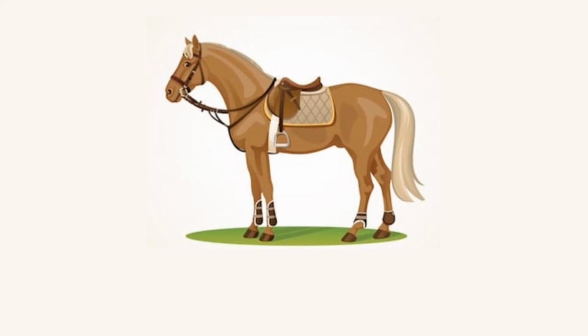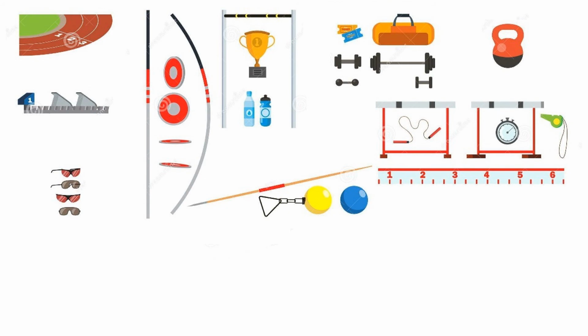Next, here we have an animal. It's a horse. And the sport is horse riding. Okay, here we have some tools used in a number of sports. The name of the collection of those sports is athletics.